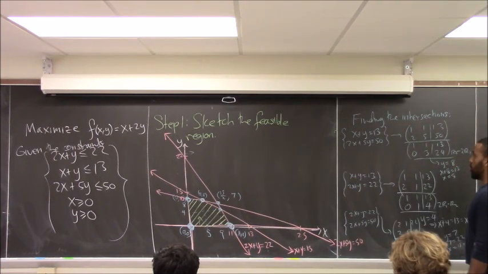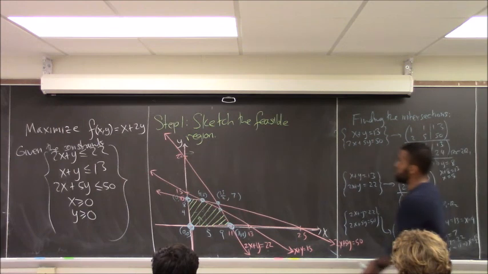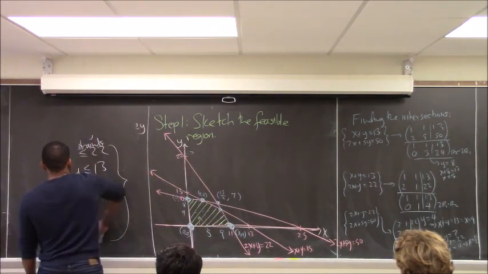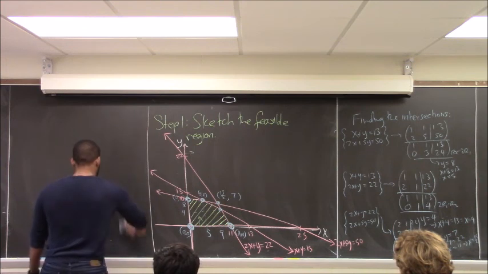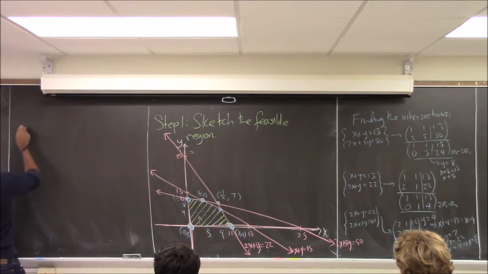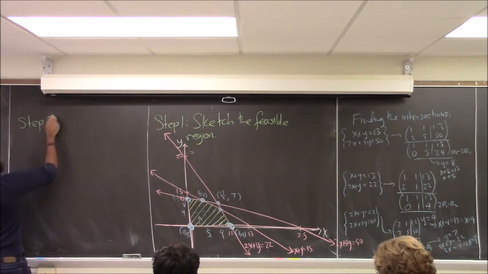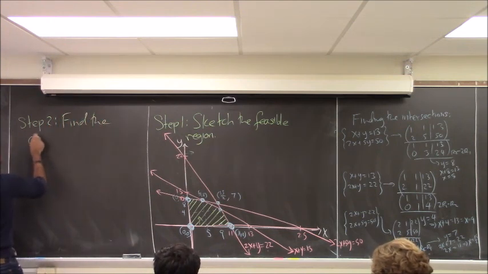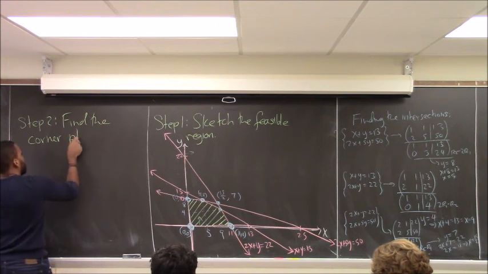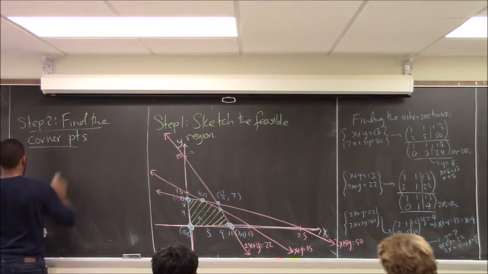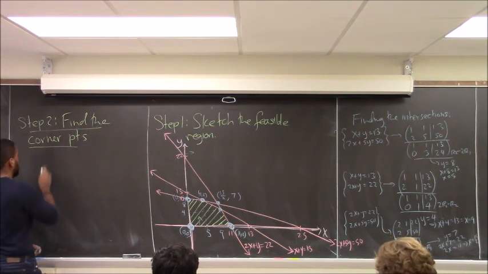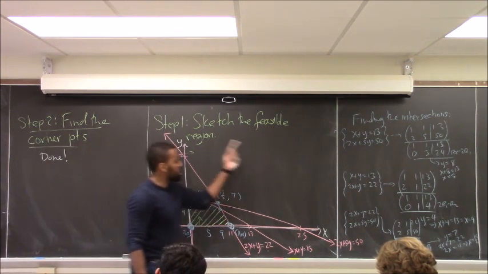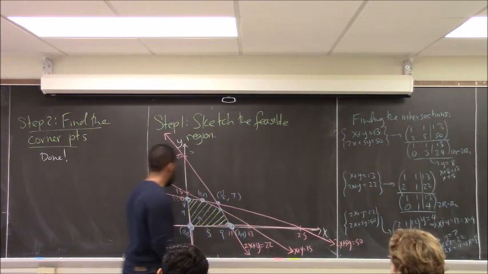And so now what we can do is step 2. This means find the corner points. Done. Okay. So a lot of them you'll actually find in step 1, but you might have to find extras.